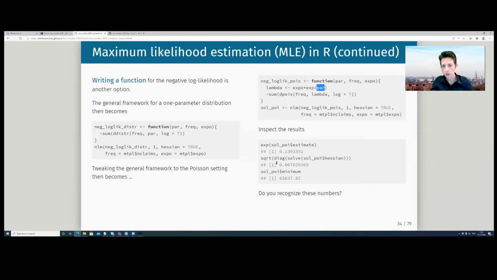If you want to translate this standard error for the intercept to the standard error for the corresponding lambda, you would have to go through the delta method. I didn't explain that on the slides, but this is a case where you could apply the delta method to go from the standard error at the level of par to the standard error at the level of the exponential of par. And that would require you to use this delta method.